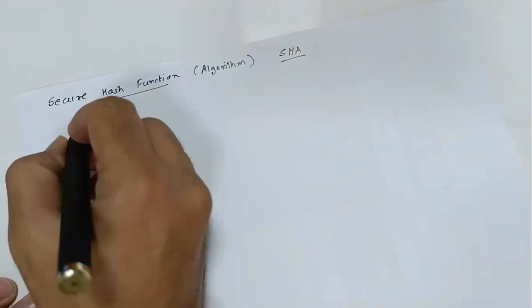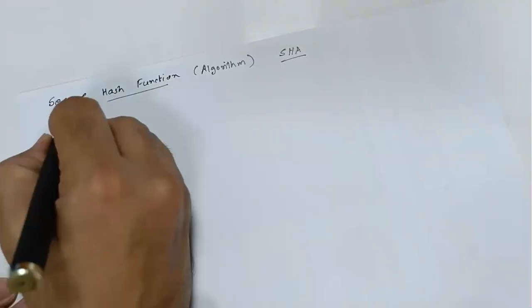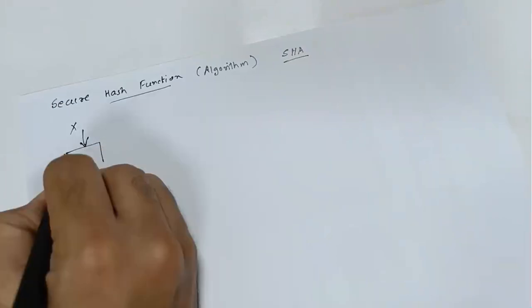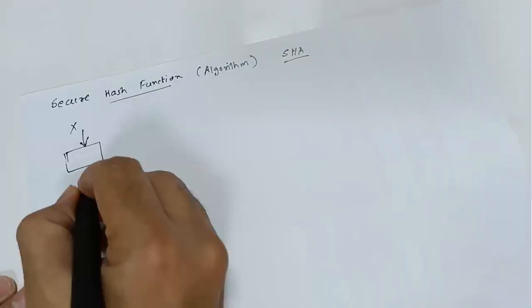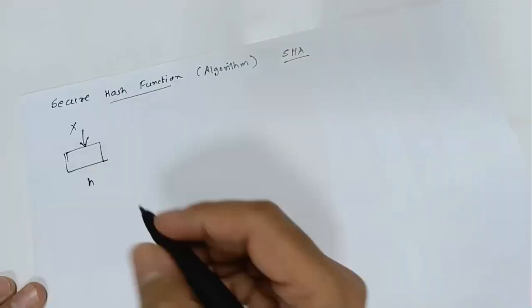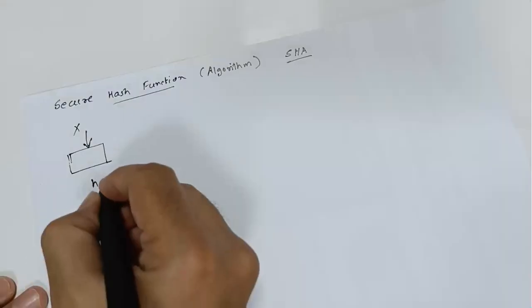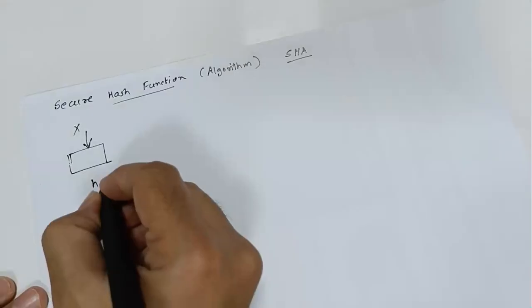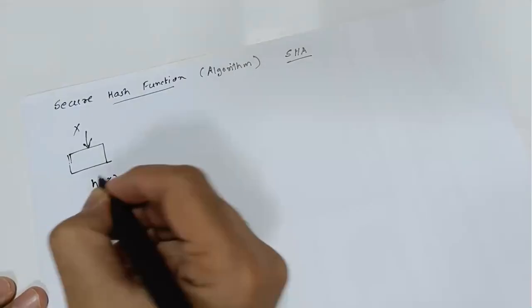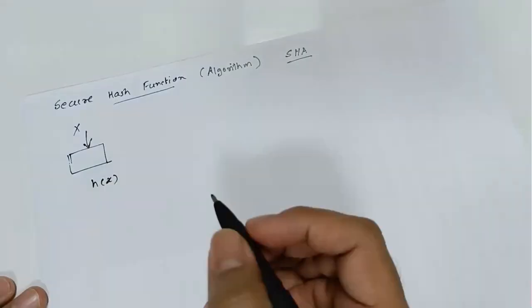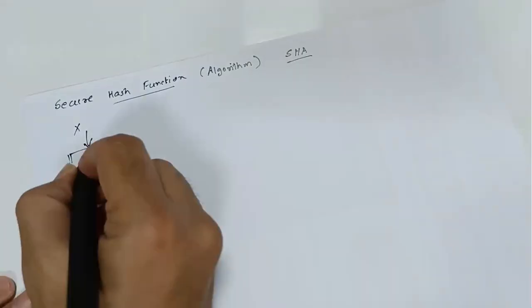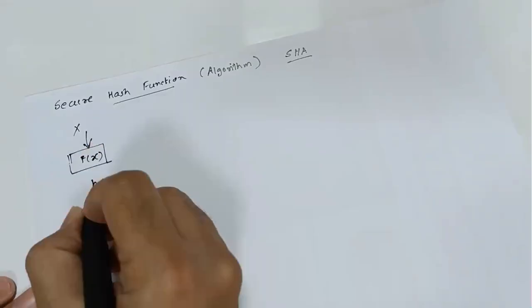Basically, if you give the input to that function, it creates a hash value, right? So you use some function on X, and that function will create the hash value.